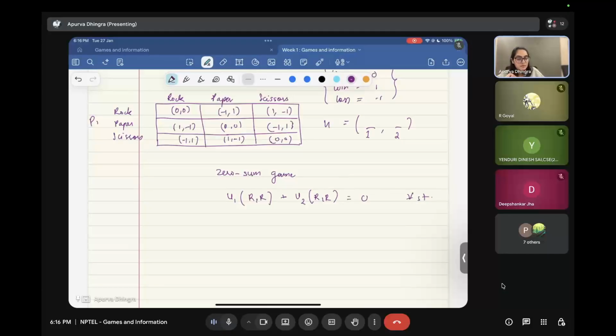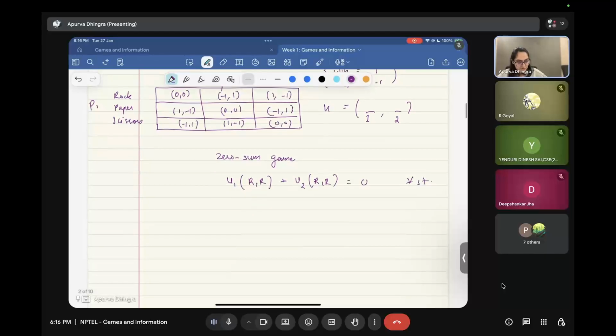I have just written it for one. This is just one type of game. This has nice properties, we'll eventually come to those.